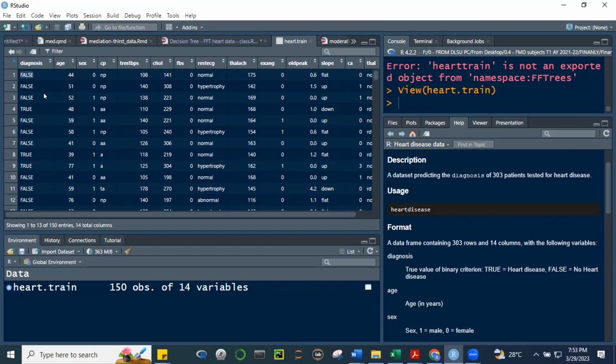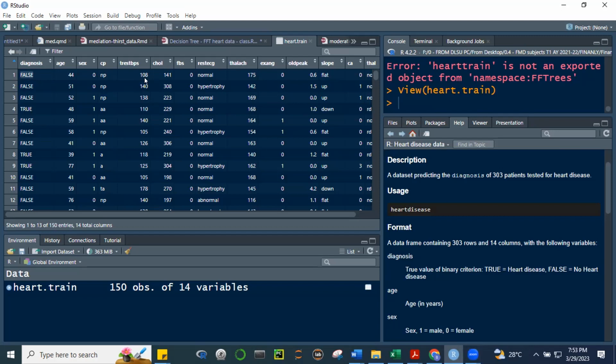Alright? So what we're going to do now is we're going to model. Ipipredict natin yung diagnosis given these parameters. Okay, kasi itong false, ibig sabihin nito, di ba? No heart disease. This person is 44 years old. Ang zero niya female. Chest pain, no chest pain.